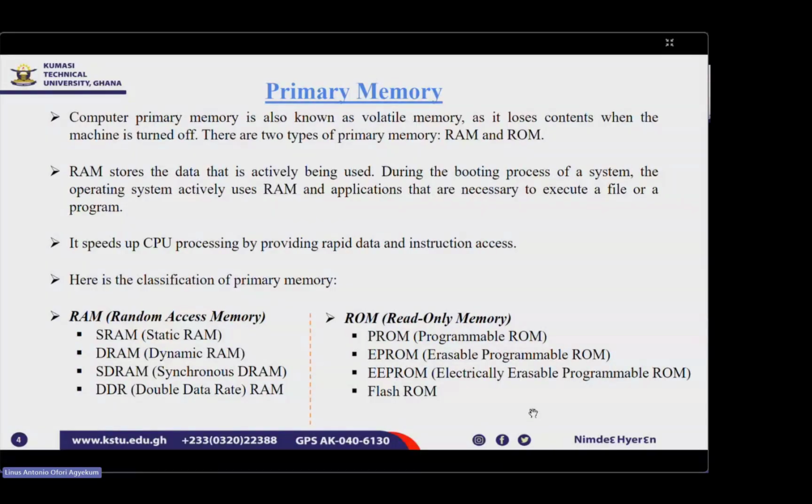Now, within the primary memory, we have two types of memory again. That is the RAM and the ROM. The RAM, which is basically random access memory, and the ROM, which is read-only memory.